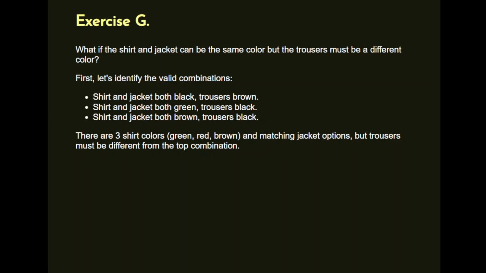And what works in terms of having a different color for the trousers? So actually, it turns out there are 3 shirt options and matching jacket options, but the trousers must be different from the top combination. So that's just the ones we can't use.